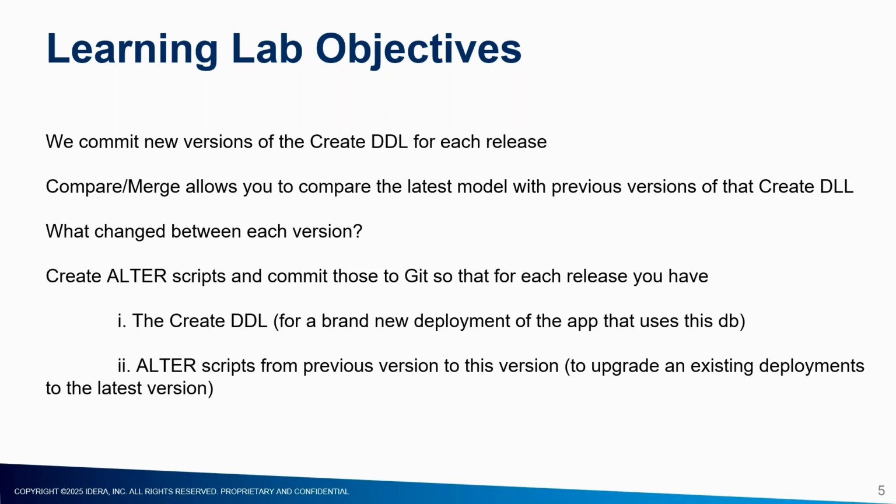After that, we can create alter scripts and commit those to Git, so that for each release you'll be able to create the DDL for a brand new app deployment that uses the database. Also, you can generate alter scripts from previous versions to upgrade existing deployments to the latest version. Those are some of the typical use cases.